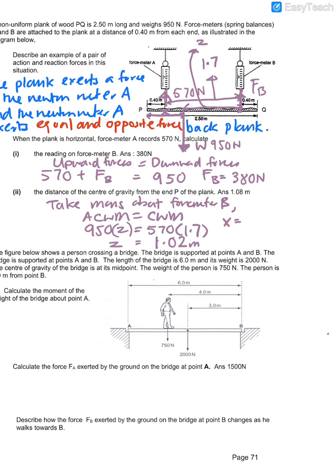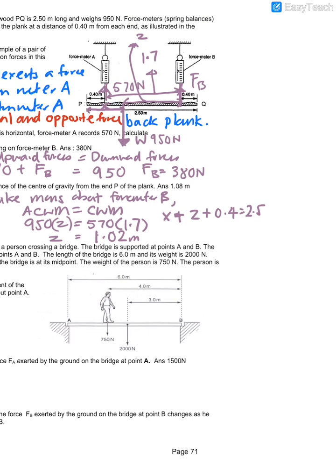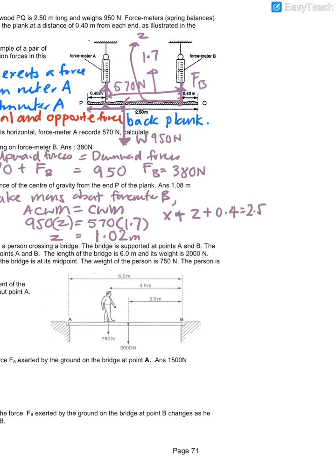X plus Z plus 0.4 equals 2.5. So 2.5 minus 1.4 equals, so X equals 1.02.